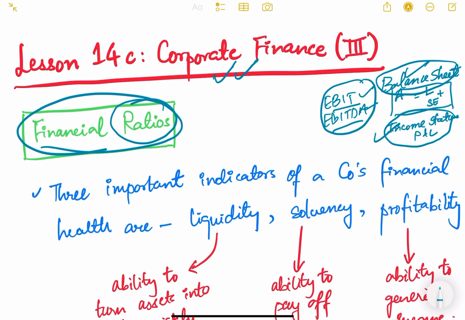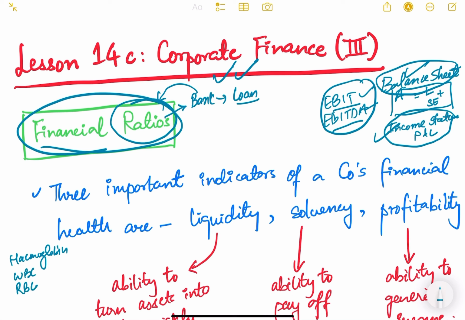These ratios are important for the financial analysis of a company. For example, if a bank wants to give a loan to a company, the bank will look at these different financial ratios, because these ratios indicate the health of the company. Just as when we go for a medical test, they check your hemoglobin level, your WBC level, your RBC level.